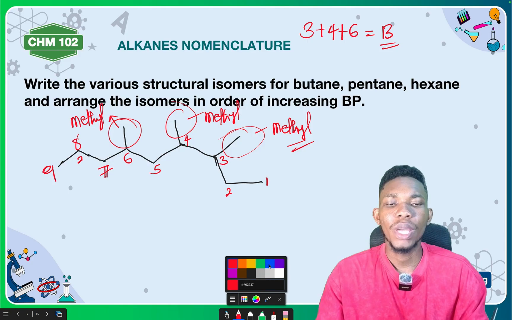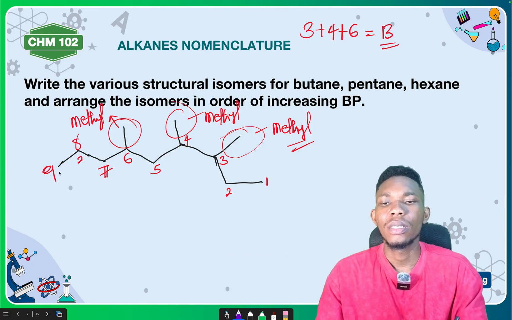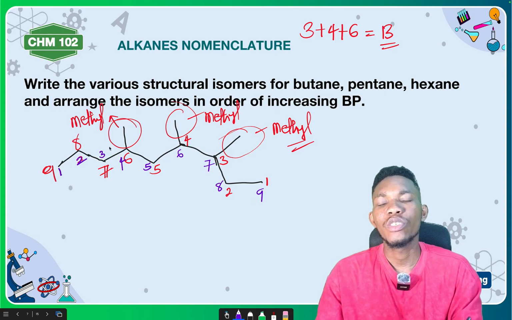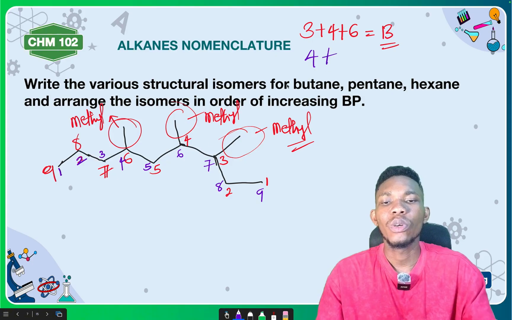Okay, let me use a different pen to number. This is 1. If we number from this side, 2. Here is 3. Here is 4. Here is 5. Here is 6. Here is 7. Here is 8. Here is 9.